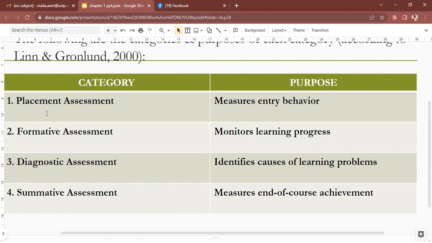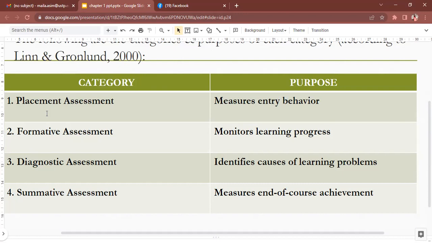Placement assessment is an assessment that measures the entry behavior. So before your class, you have to try to know what type of students you have, if they can be your students from this semester until the semester ends. So that is the purpose. It measures the entry behavior.